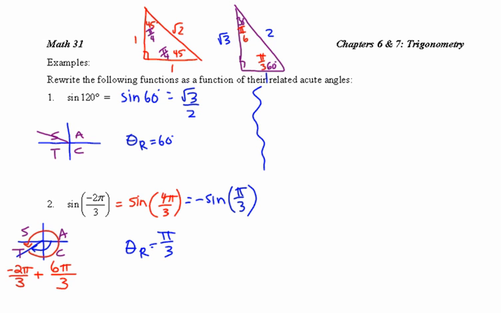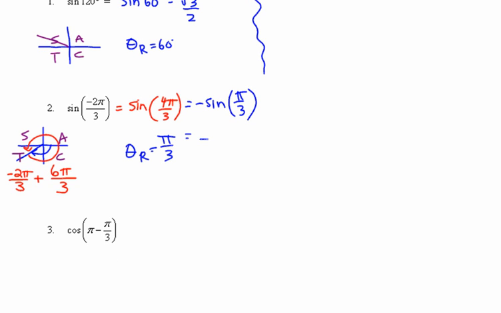So pi over 3, and we want sine. So sine of pi over 3, what is that going to be? Root 3 over 2. And it'd be negative root 3 over 2 because of CAST.